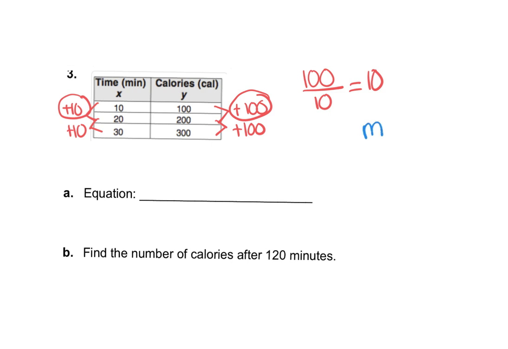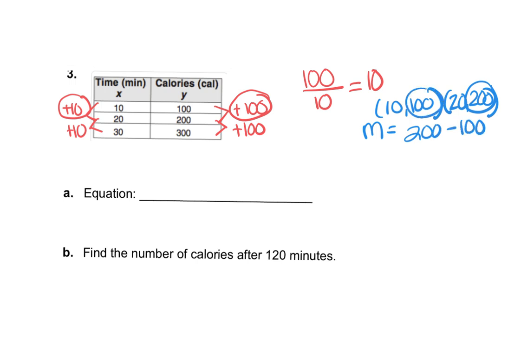So let's just take 10 and 100 and 20 and 200, where we're taking the y of 2 minus the y of 1 all over 20 minus 10.